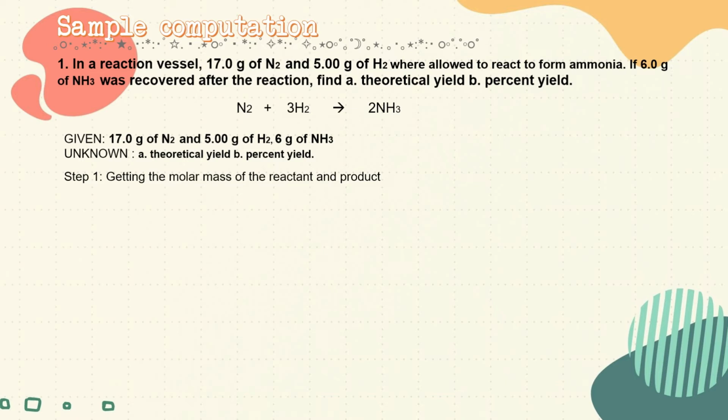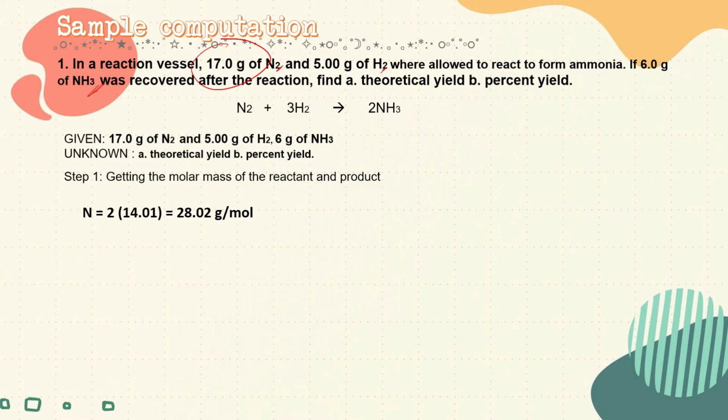So first, again, when you see a gram in a certain problem, kailangan muna nating kunin yung molar mass of this compound, yung nitrogen gas and hydrogen gas as well as the compound of the ammonia. So let's get the molar masses. The molar mass of N2 is 28.02 gram per mole.